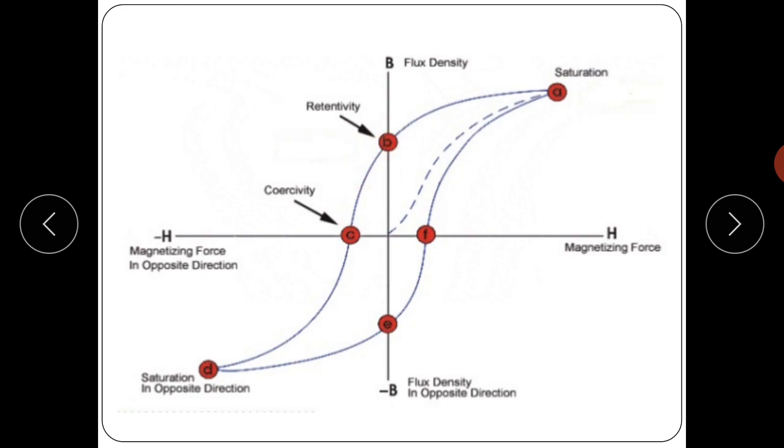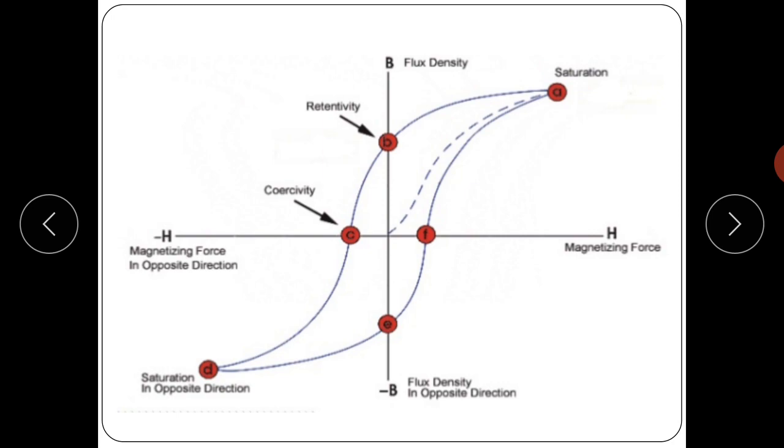This loop A B C D E F A is called the hysteresis loop. The area under the hysteresis loop represents the energy loss during that cycle, called hysteresis loss.